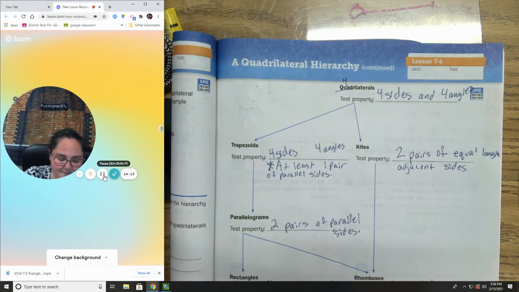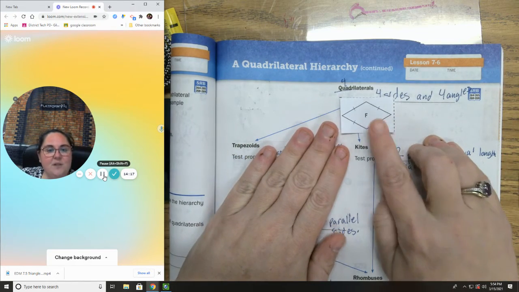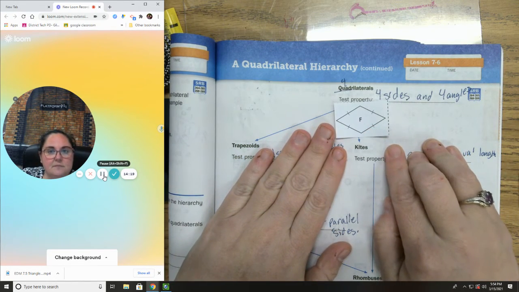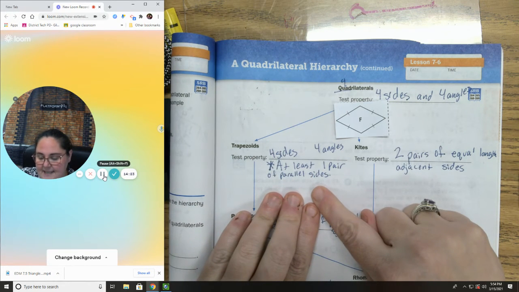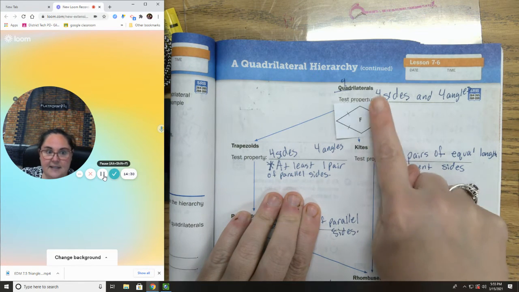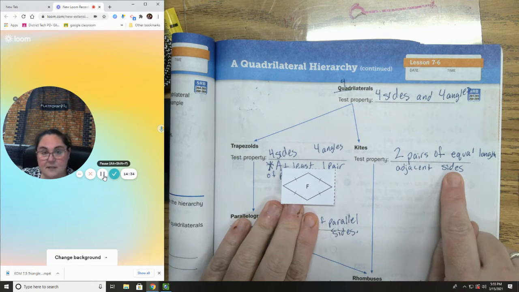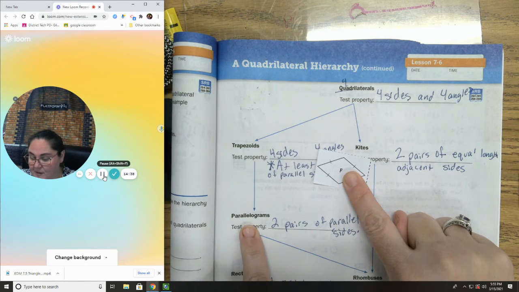Let's try another one. Let's look at this one. Does it have 4 sides and 4 angles? Yep, great. Does it have at least 1 pair of parallel sides? Yeah, sure does. But does it have 2 pairs of equal adjacent length sides? Yep. And 2 pairs of parallel sides?